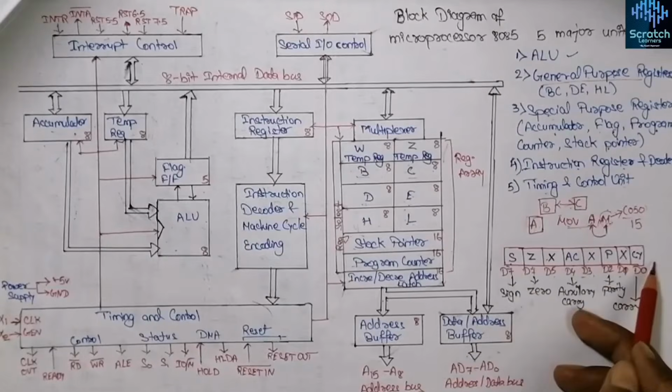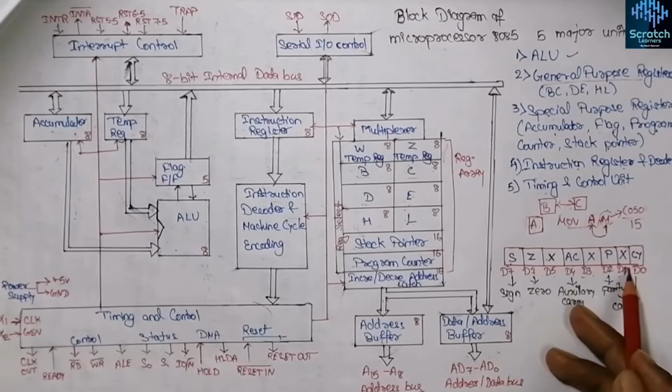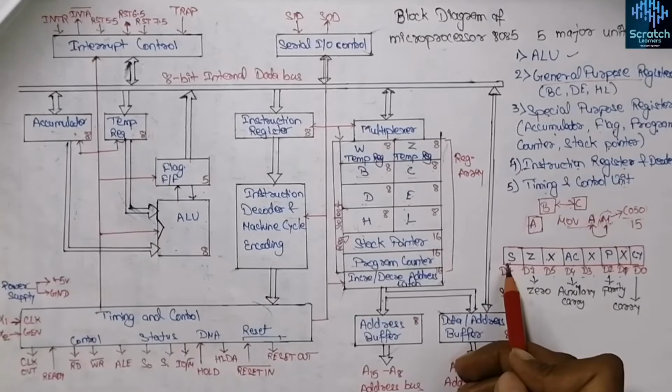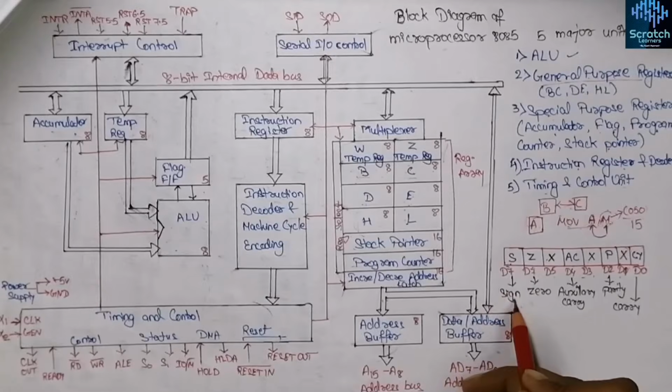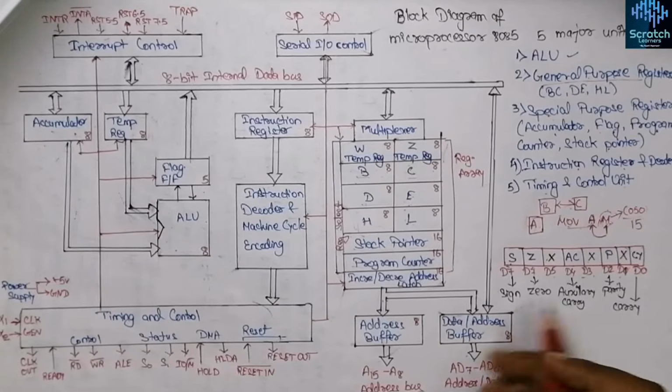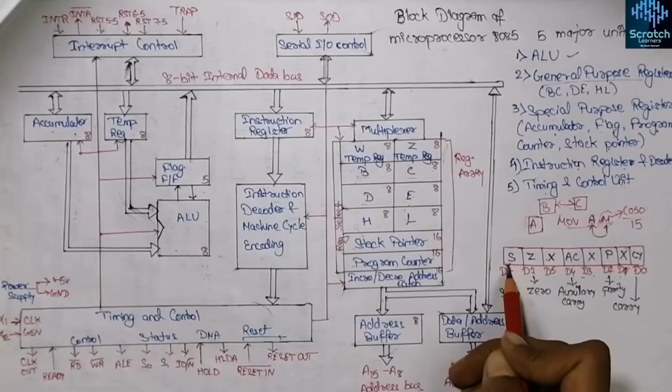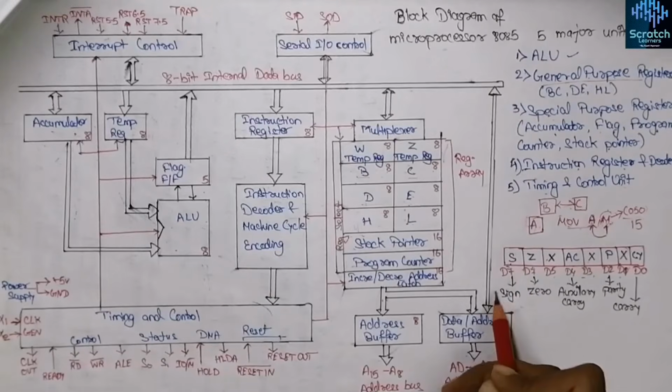Now let's have a short definition of all these bits. The first one, the most significant bit D7, is the sign flag. This flag indicates the sign of the number. If a number is negative, then in the most significant bit we will store 1. And if the number is positive, then we will store 0 here.